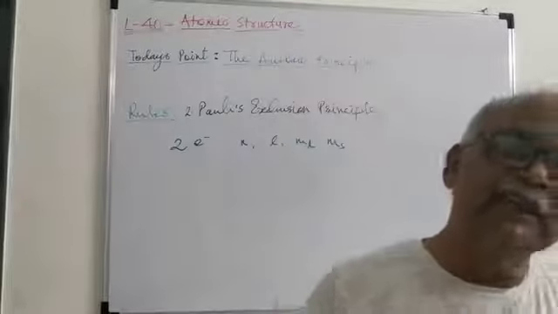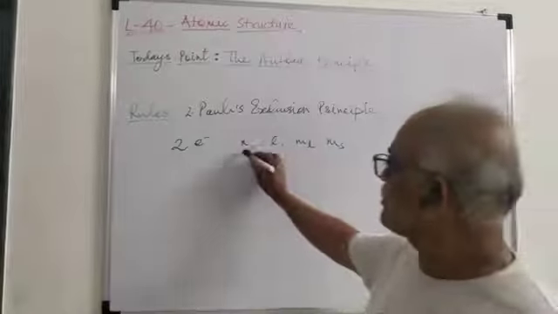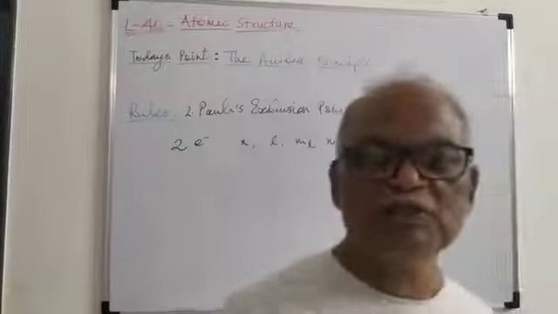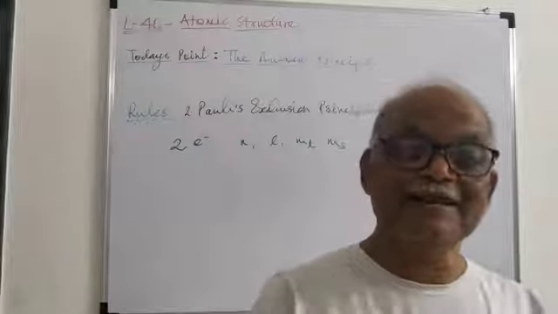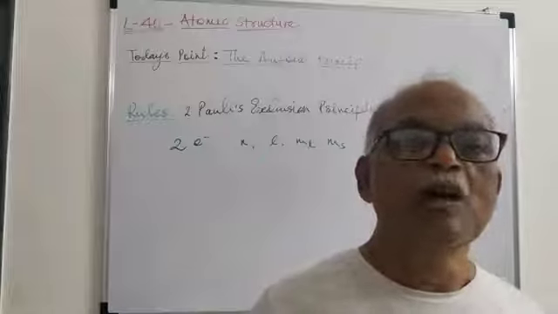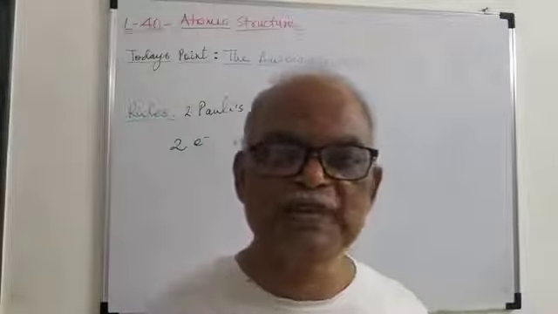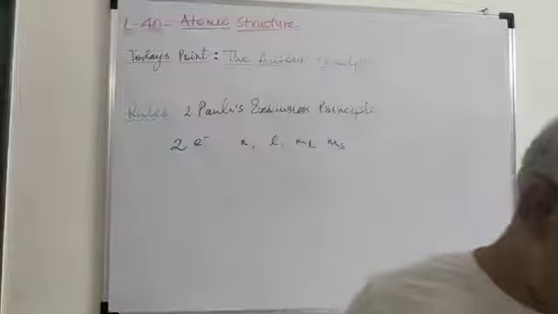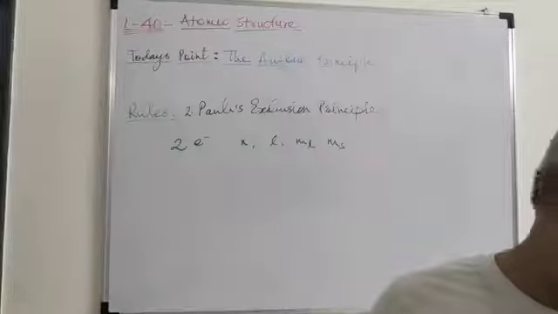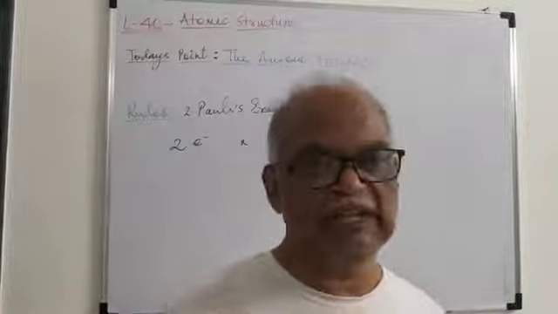So the four quantum numbers are responsible for giving the correct address or location of the given electron in the space around the nucleus of the atom. So it is called Pauli's exclusion principle.